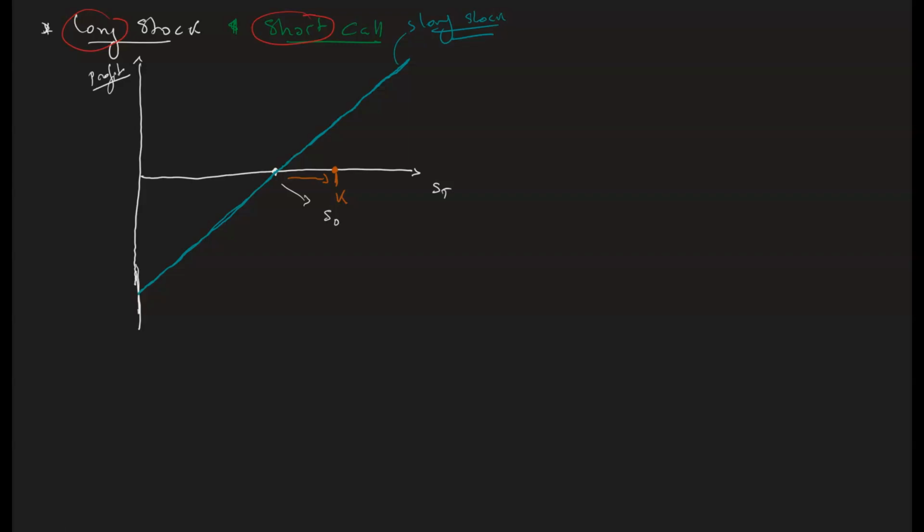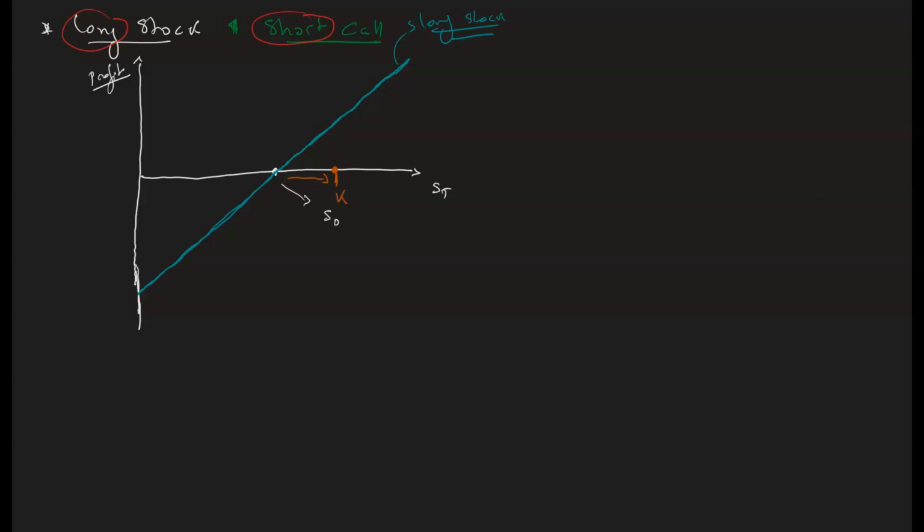Now, if the call option gets to a point where it becomes in the money, well, the stock price would have increased anyway. I purchased it lower, the stock price increases. All I will have to do is to sell the stock that I have at the strike price. And so what I would want to do is I would want to sell a call option.